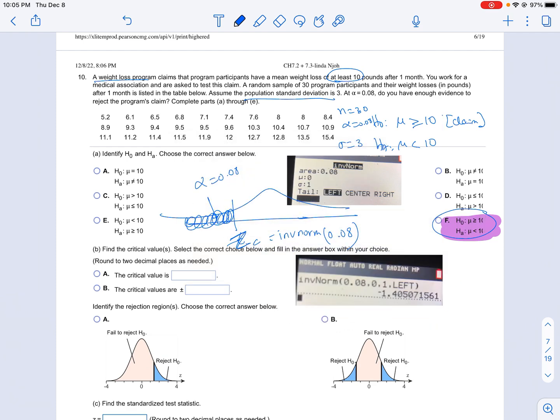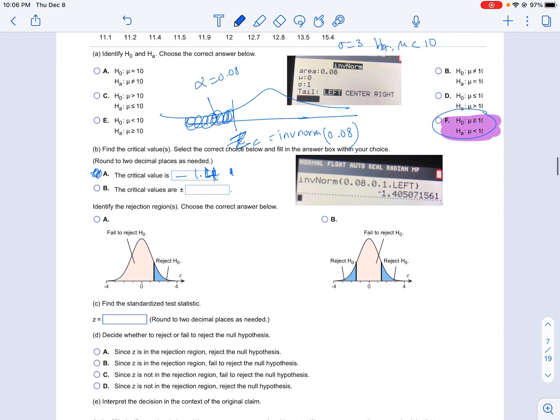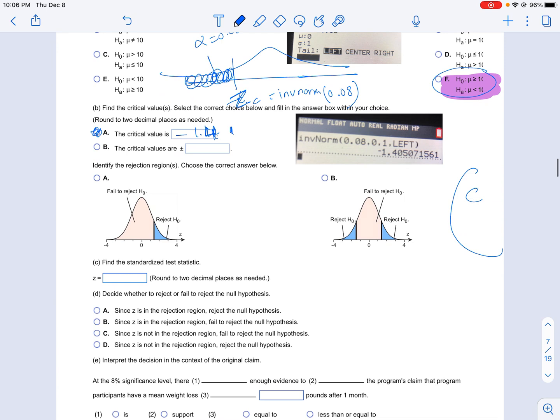So the critical value is negative 1.41. It's going to be on the left side. So there's probably another choice somewhere here that is choice C. That looks exactly like my graph. So the choice should be C here.